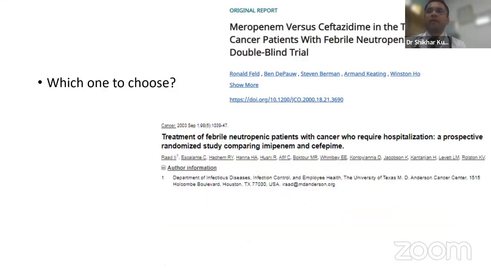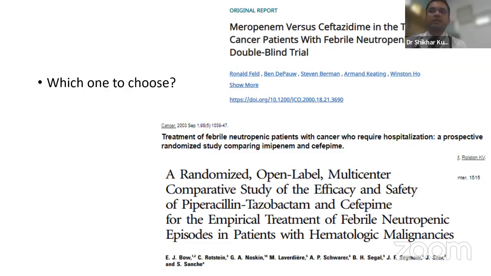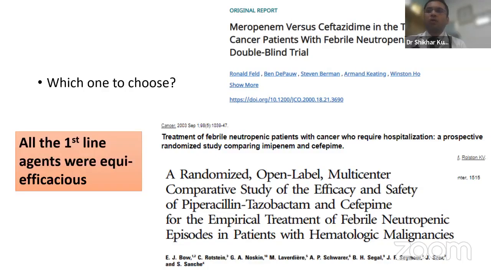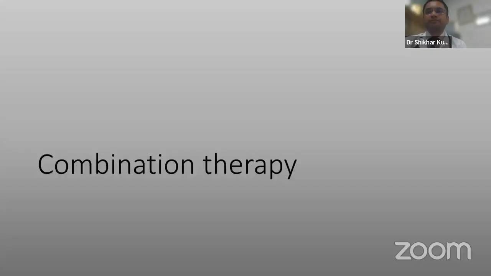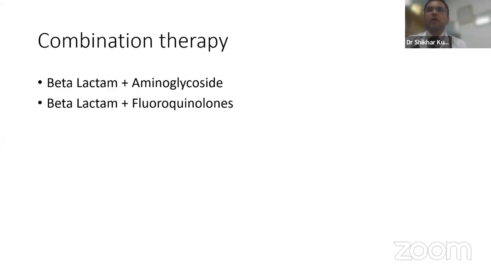This was a large meta-analysis which by and large showed that the outcomes were not superior if you combine beta-lactam with aminoglycosides. Monotherapy was favored over combination therapy, and the mortality rates were again favoring patients more towards monotherapy, and your adverse events were more when you had too many antibiotics going in. That is, combination therapy was having a little bit more adverse events.